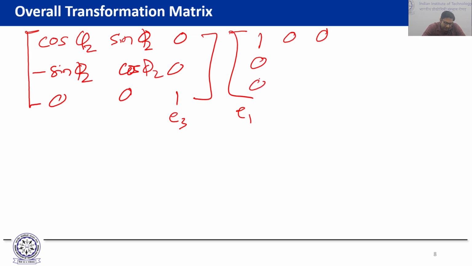So essentially what's happening, when you are rotating about E3 axis, then you are pretty much taking the direction cosines associated with the E1 and E2 axis. So you have a cos phi, sin phi and a minus sin phi, cos phi. Everything else is 0, and the axis around which you are rotating, so this one over here becomes 1.